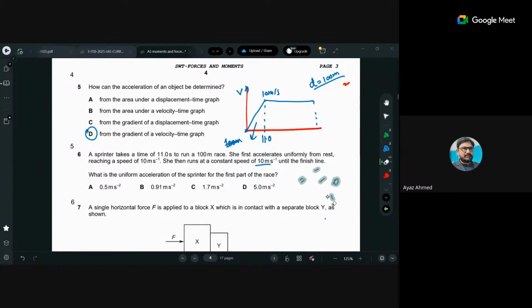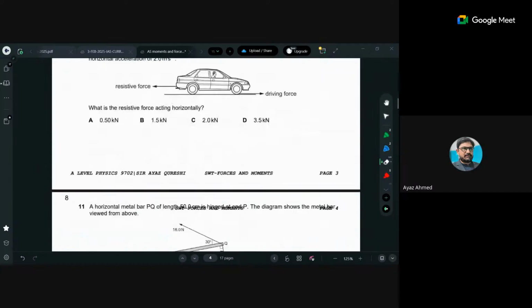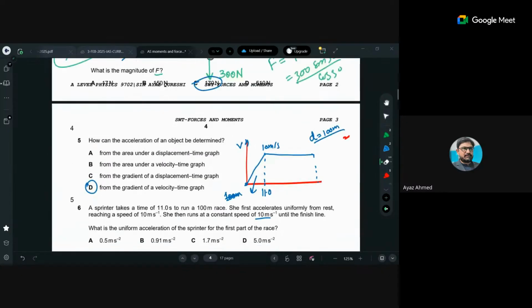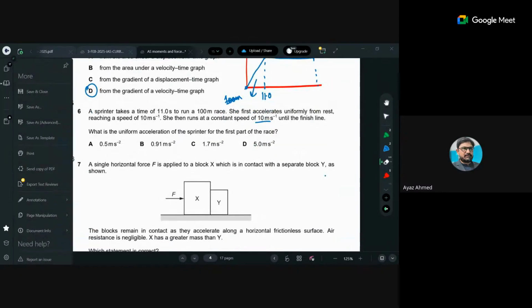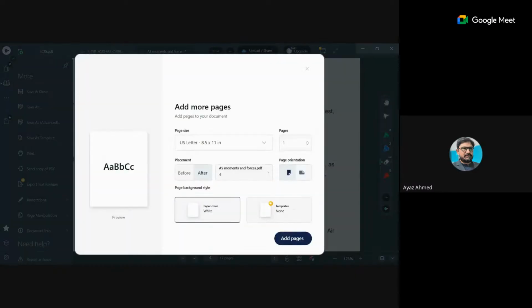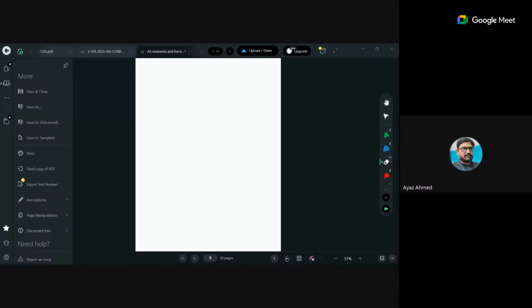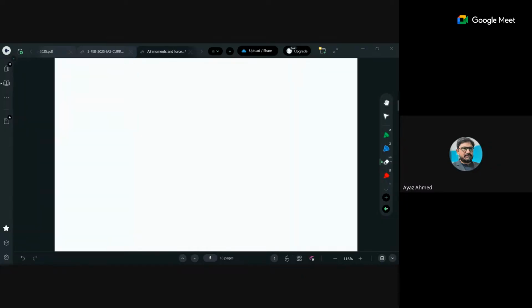Okay. So for this question, I would need some space to solve. Just let me add a page. Okay. Here is the race.